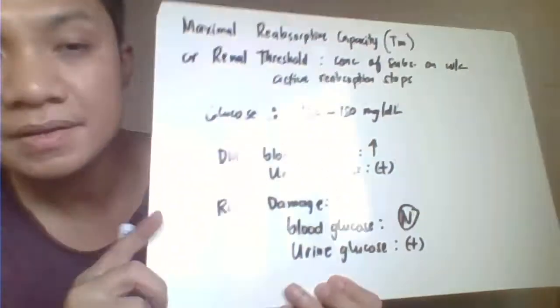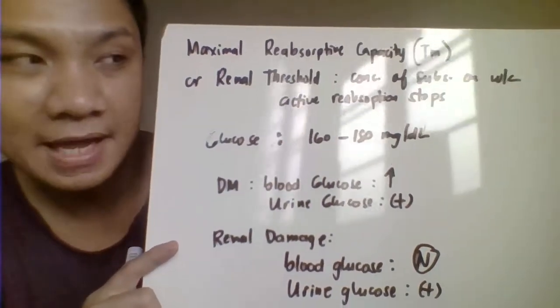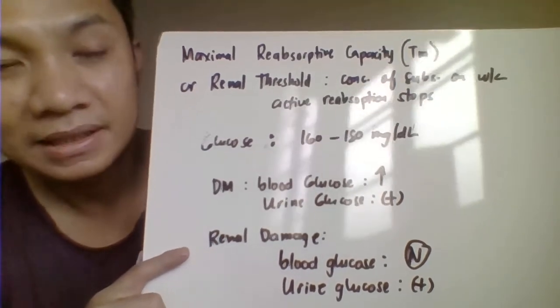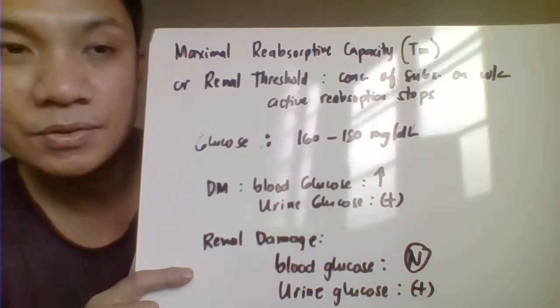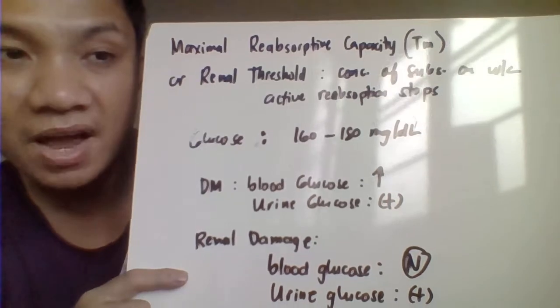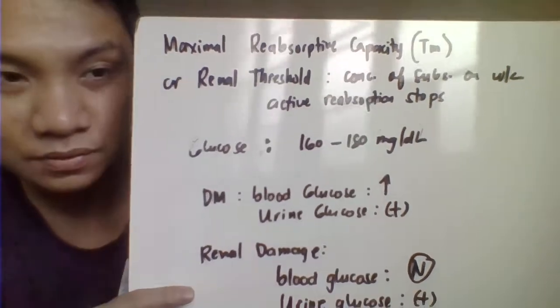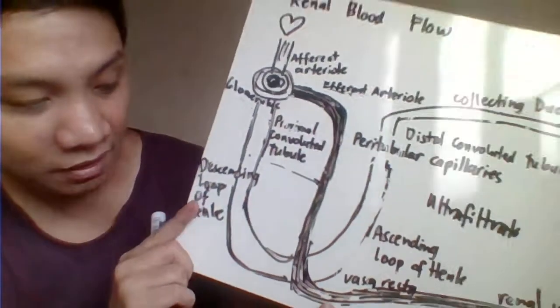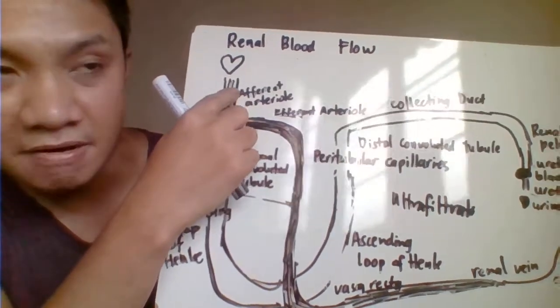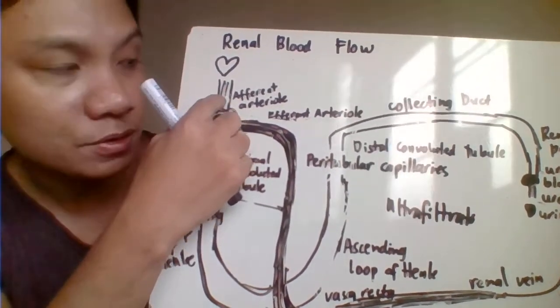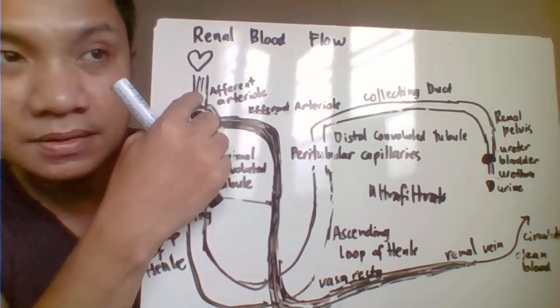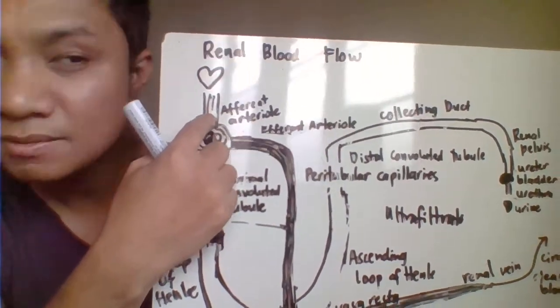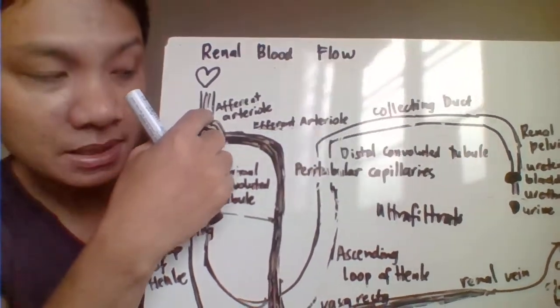Like for example, the case of your DM or diabetes mellitus. Pag DM ang patient natin, we're expecting the patient to have a very high blood glucose. So your blood here from the heart, papasok siya dito, so you have your very high glucose value, that's more than 180 mg per dL.